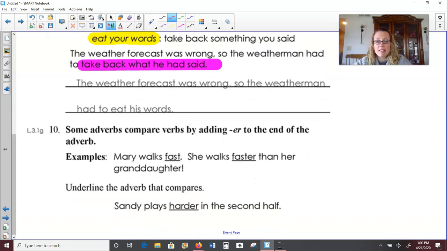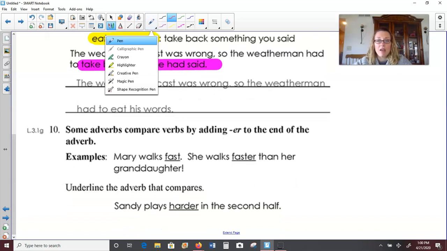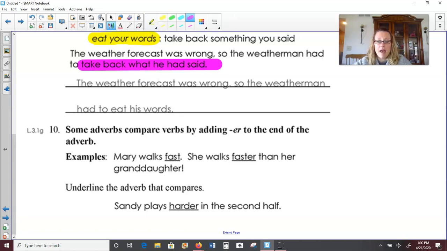Number 10, some adverbs compare verbs by adding er to the end of the adverb. Mary walks fast, but if we're comparing her to her granddaughter, she walks faster than her granddaughter.